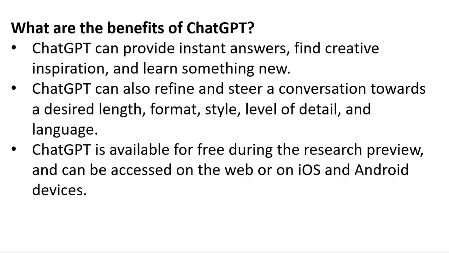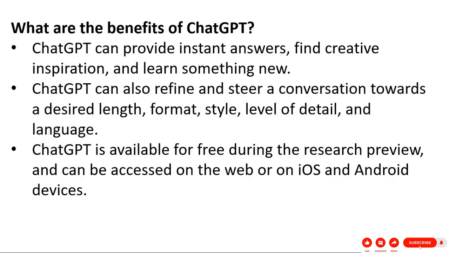In ChatGPT you can also mention in a conversational way how much you need, like the desired length, format, style, and level. Give me in 10 points. For example, tell me the life story of Narendra Modi in 10 points. Or you can very precisely say, tell me about India in 5 points.